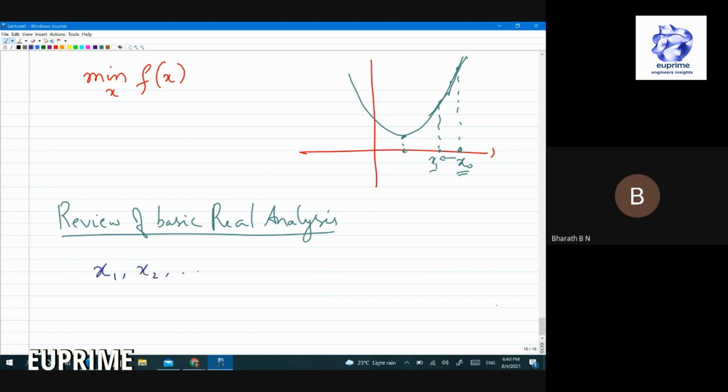Suppose I take this sequence, and typically we say the limit of the sequence xn as n goes to infinity is x star. So what do you mean by that? Can somebody tell me the meaning of this? Typically you say the limit of 1 over n as n tends to infinity is 0.